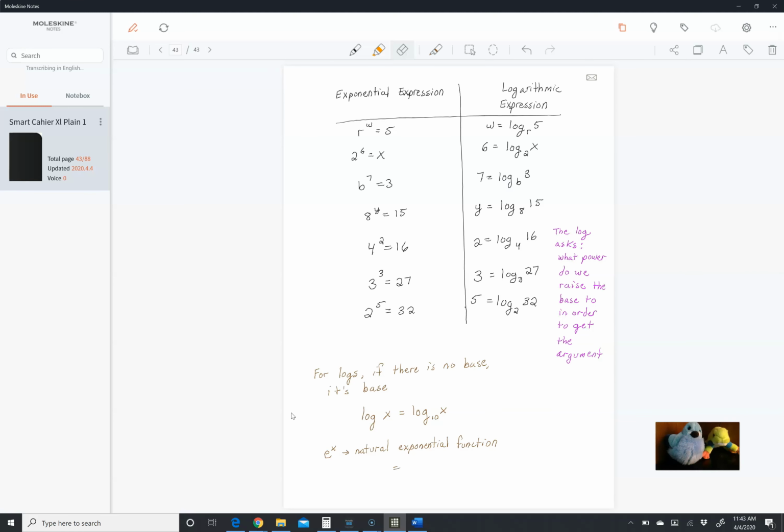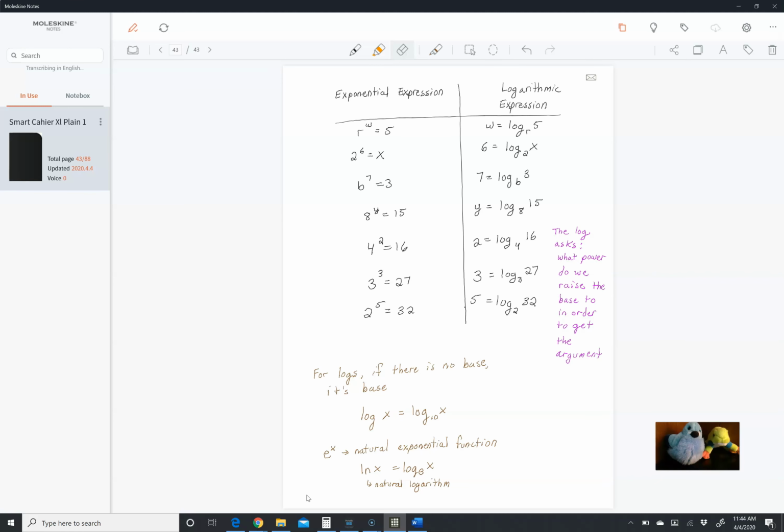So log base e of x, instead of writing the base of e, we write as ln of x, and we call this the natural logarithm. And there are lots of reasons that we call it natural. Some of them require calculus, so I'm not going to go into it.